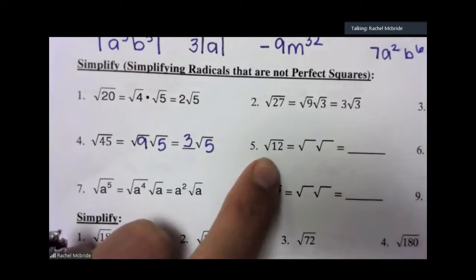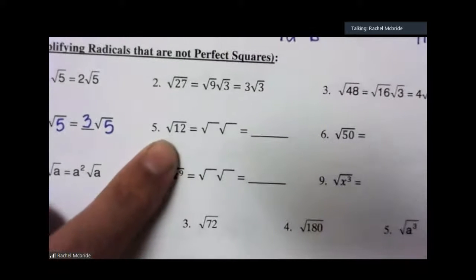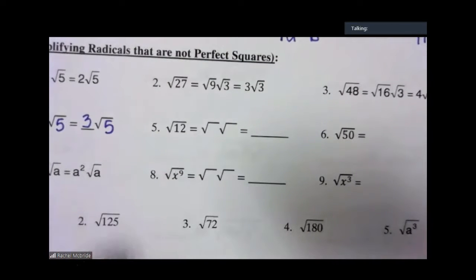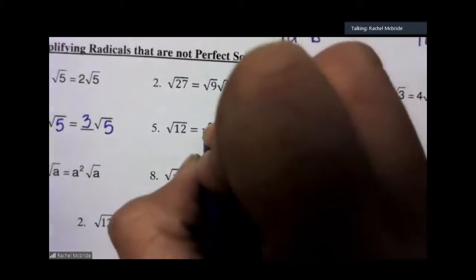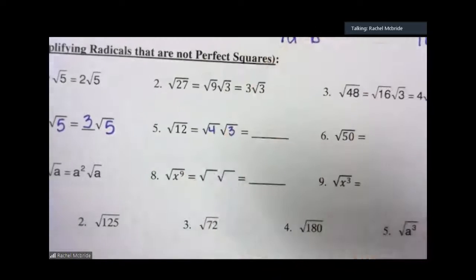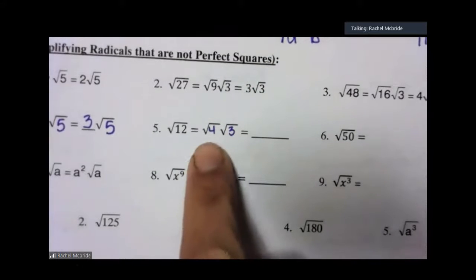Okay, 12. 12 breaks down into what perfect square? 4 and 3. 6 and 2 are not great choices because neither one's a perfect square. So I heard a couple of us say 6 and 2. You always want to try to find a perfect square. So the 4 and 3 is a better choice because 4 is a perfect square.